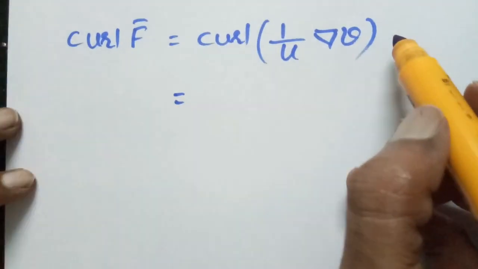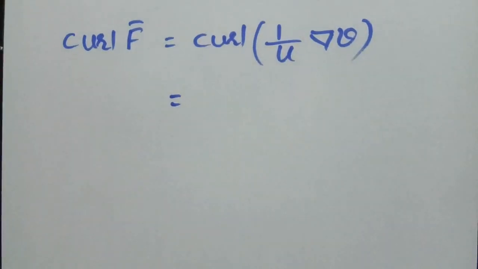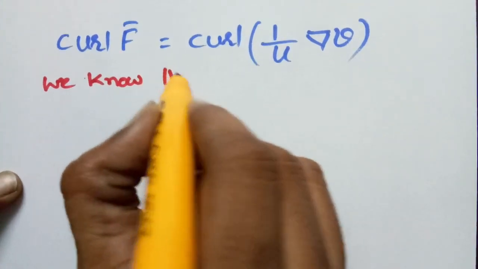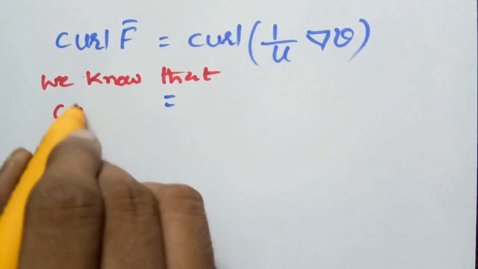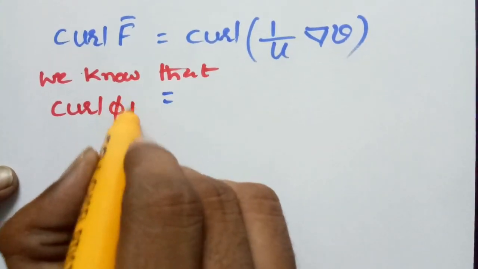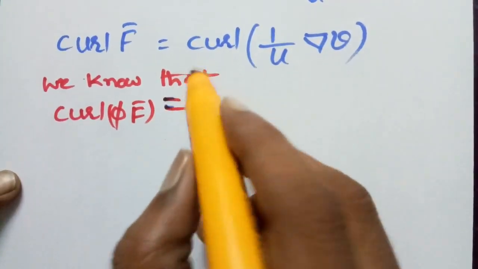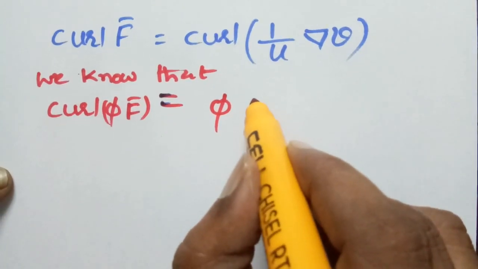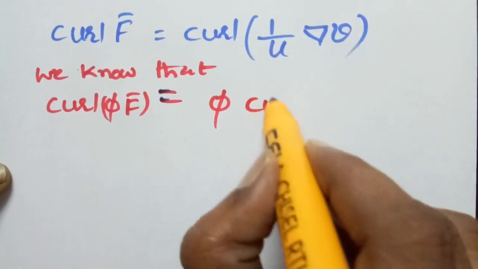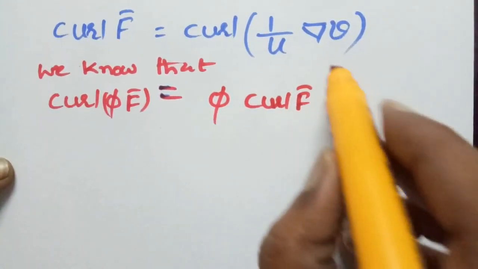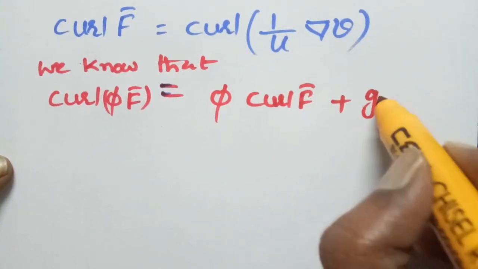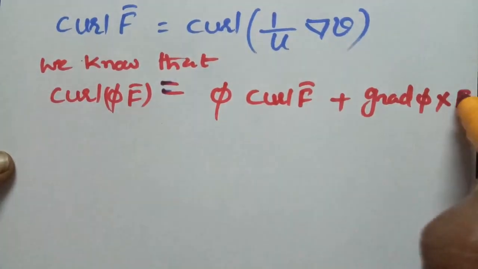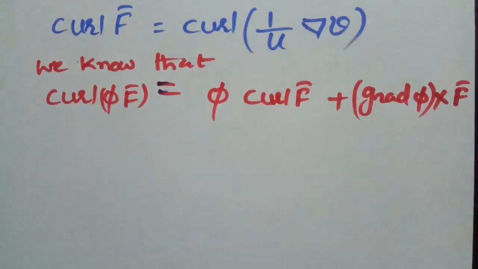Now we know that curl of phi into F bar is equal to phi into curl F bar plus grad phi cross F bar. This is the formula.